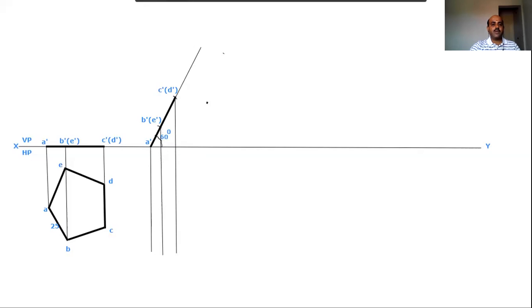Similarly, from each point of the first top view, that is the initial position top view, draw the horizontal projectors.